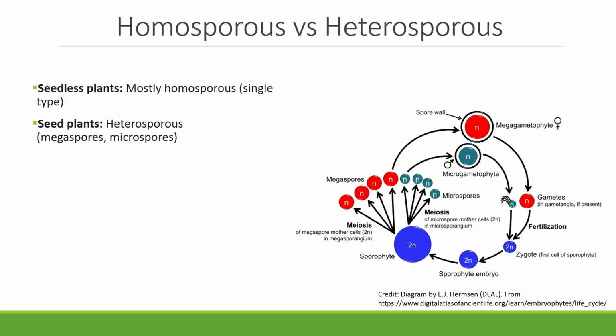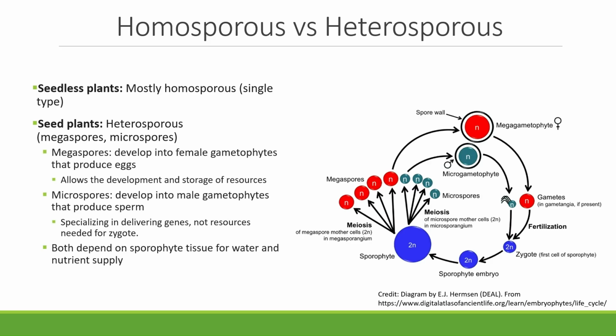Seed plants, by contrast, are heterosporous. So the sporophyte will generate either a larger spore, called a megaspore, or a smaller spore we call a microspore. The megaspores develop into female gametophytes, which make the female gametes, the eggs.